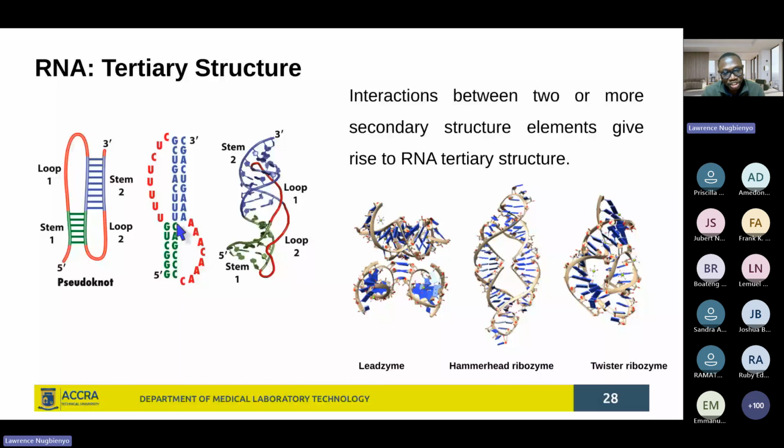So the green portion where you have stem 1 is shown now with the nucleotides that are complementary and having the hydrogen bonding between them. So you see guanine, cytosine, all the way up. You have, okay, here you see some uracil, adenine.